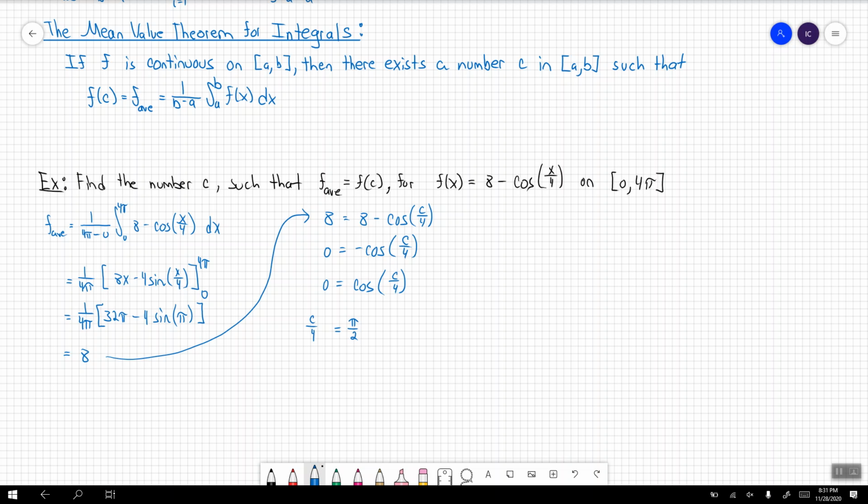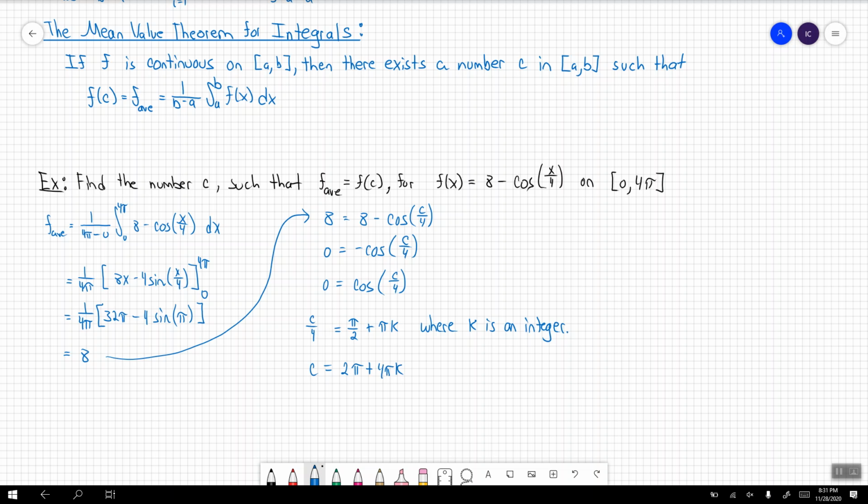But those are just pi increments, so we're just going to increment by pi. And therefore, to find those c values, we multiply both sides by 4. And pi over 2 multiplied by 4 will get us then 2 pi. Pi k times 4 will get us 4 pi k.